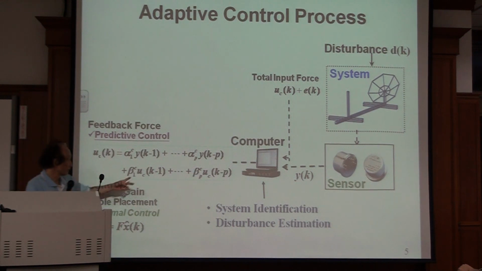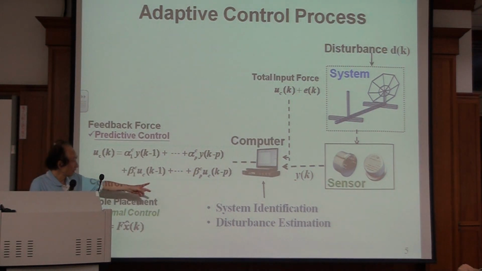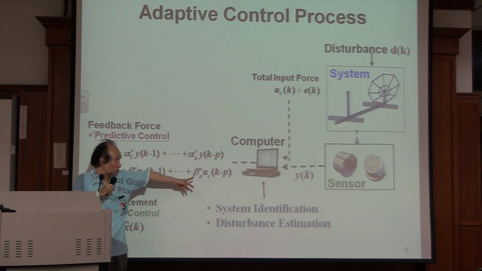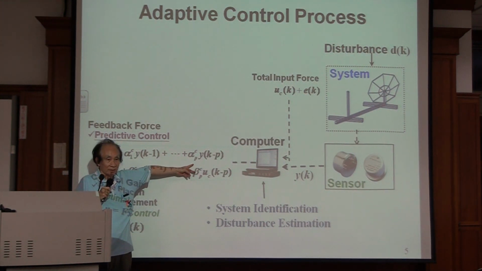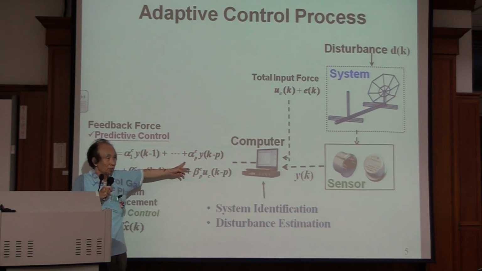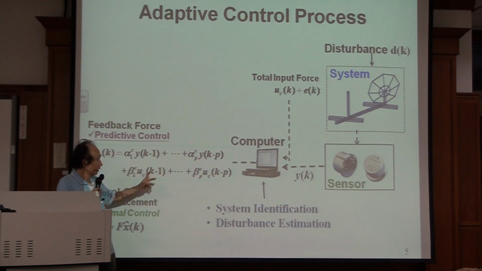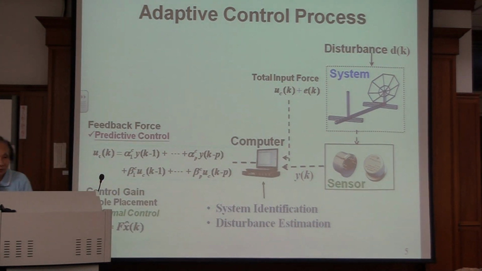We know that. And we don't need the whole series of past input and past output. We need only up to k minus p. So we need only p steps of past output and p steps of past input. Does that make sense to you?